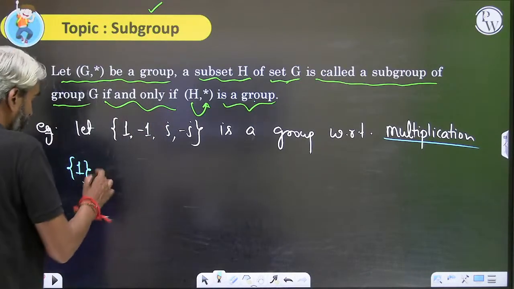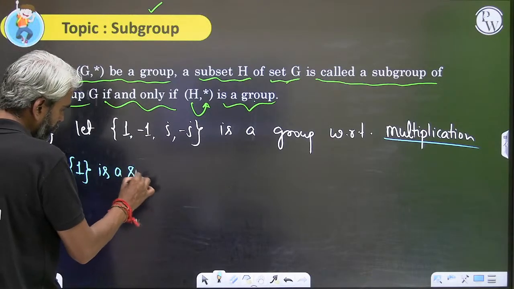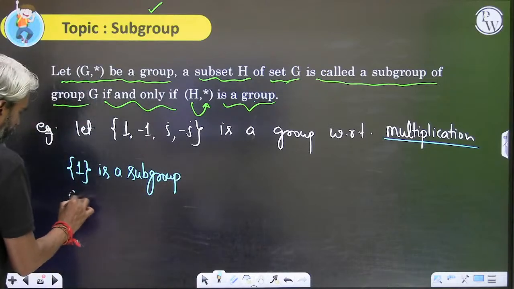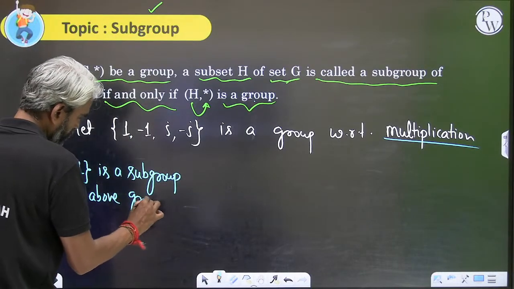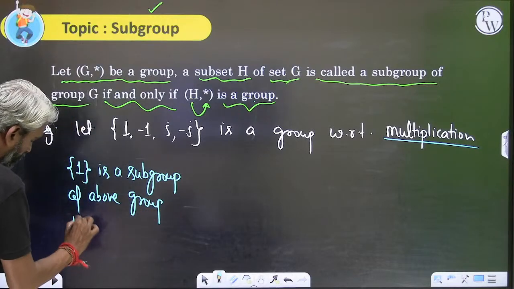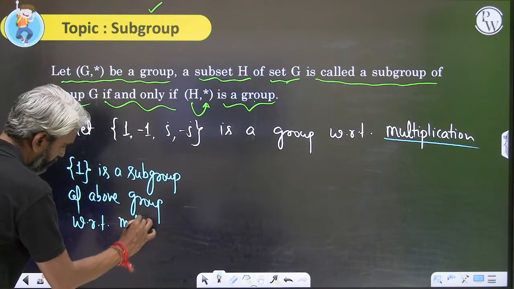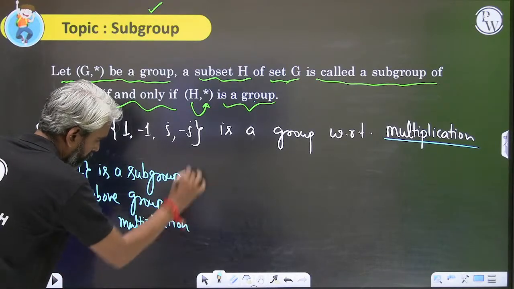So this one is a subgroup of the above group with respect to multiplication, obviously, with respect to the same operation we are talking about.